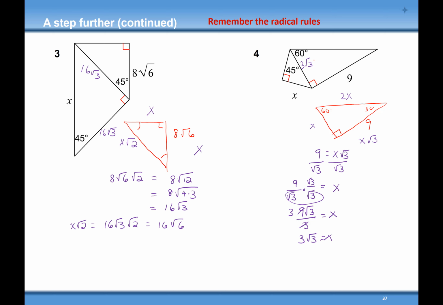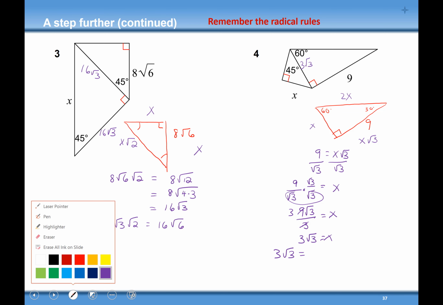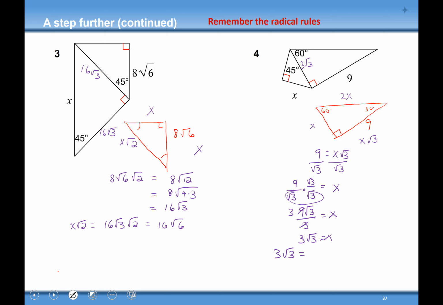So if we now look at 3 radical 3, in a 45, 45, 90 right triangle, 3 radical 3 is part of the relationship that we talked about before. I'm going to do as I suggested, by the way, and instead of writing these as x's, I'm going to write them as y.